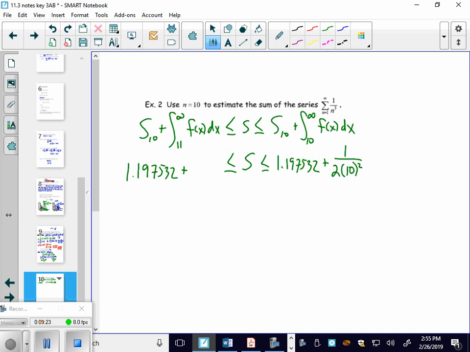That was our remainder, basically, using the first 10 terms. And this is also the remainder, so both of these are actually just remainders. And this one's going to be 1 over 2 times 11 squared. Again, that's going back to the formula from the previous page.